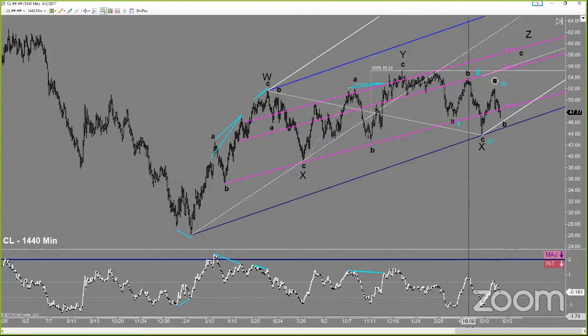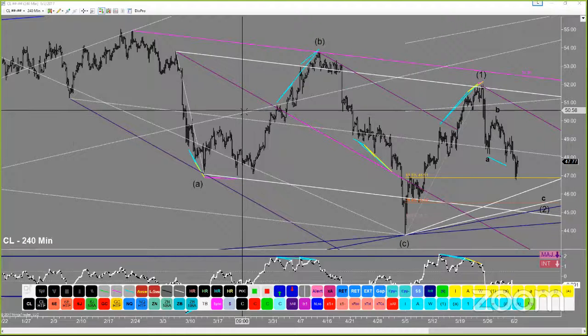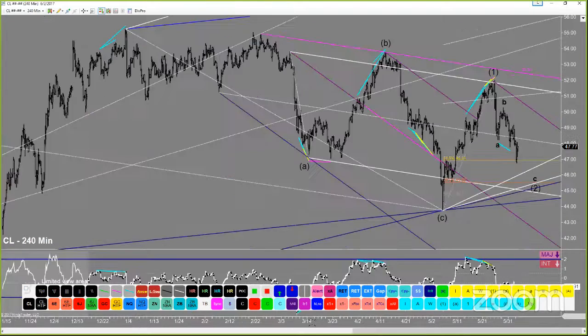So let's take a look at the 240 minute. So this is that last 3 wave move down that we have. I've got it marked out as this ABC.